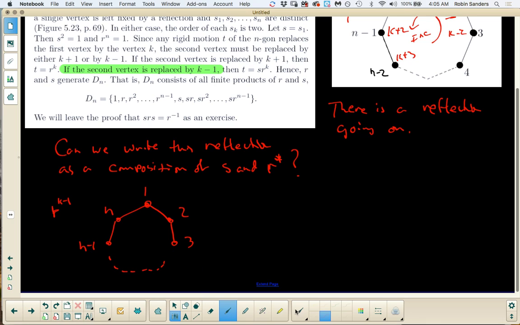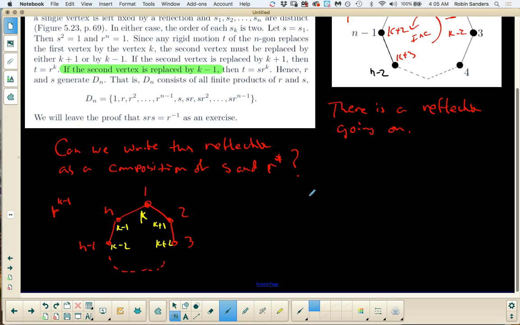R to the k minus 1 has labels that look like k, k plus 1, k plus 2, and k minus 1 over here, and k minus 2 over here.